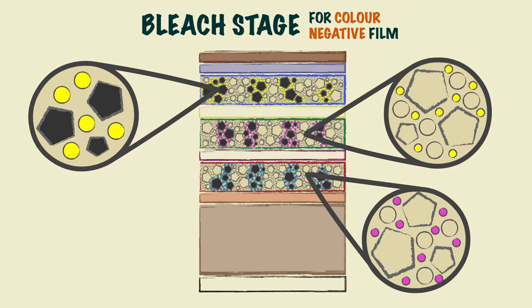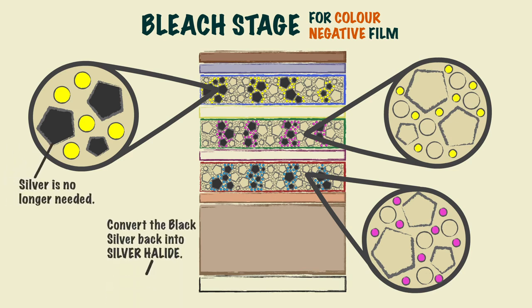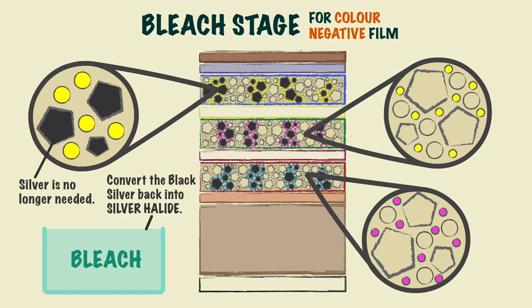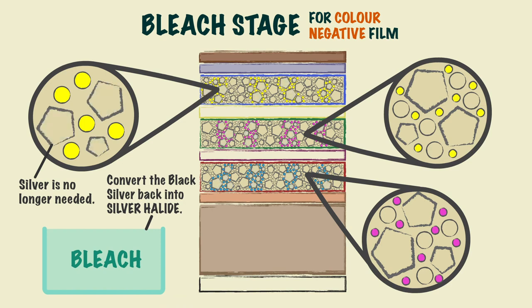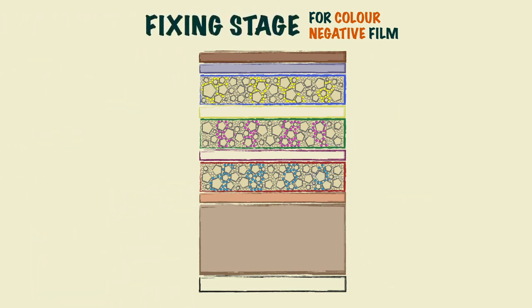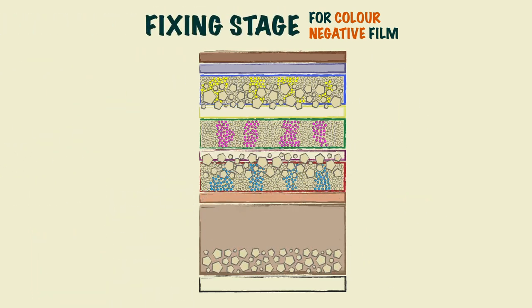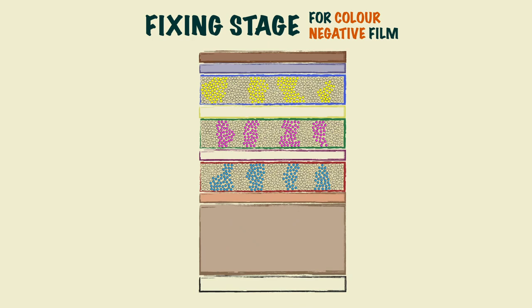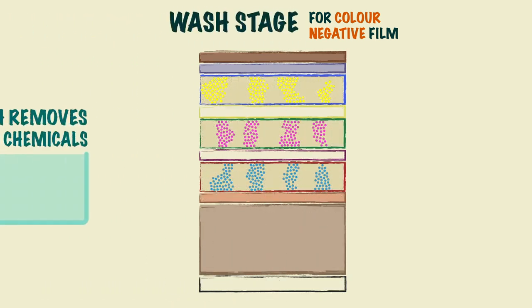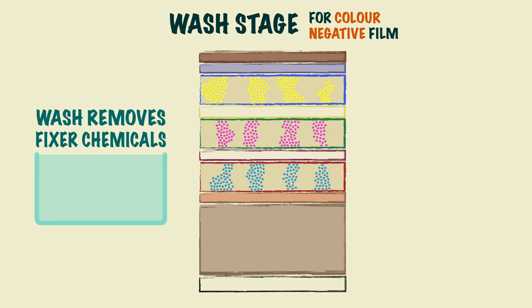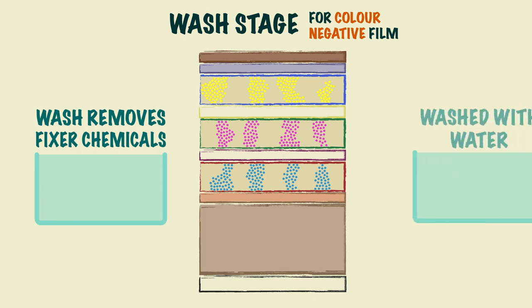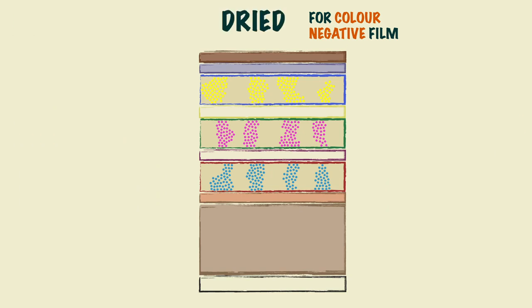Since colour film is formed with dye, the silver is no longer needed, so bleach is used to convert the black silver back into silver halide. This is then washed away by the fixer, along with the unexposed silver halide and unused imaging couplers. A wash then removes the fixer chemicals, and then lastly, the film is washed with water and dried.